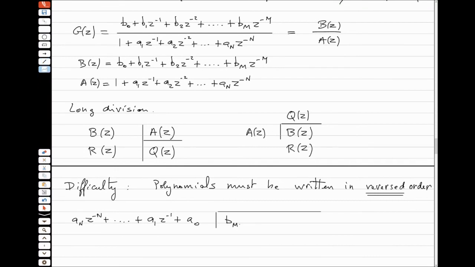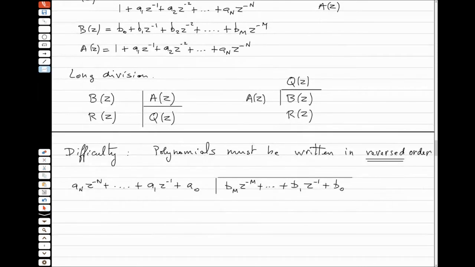b_n z^-n plus ... plus b1 z^-1 plus b0. So you must put them in the order of the negative powers.